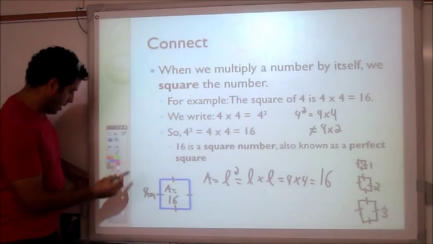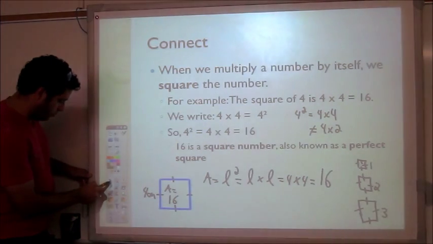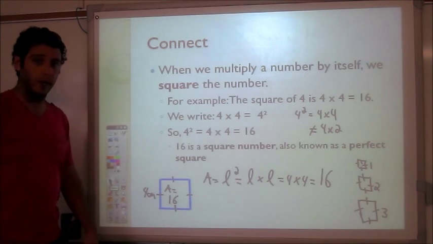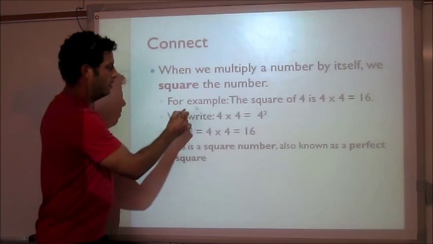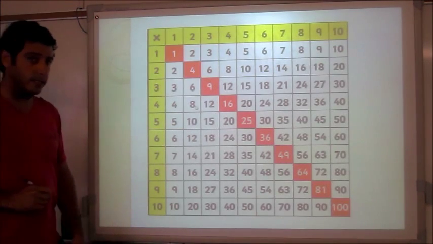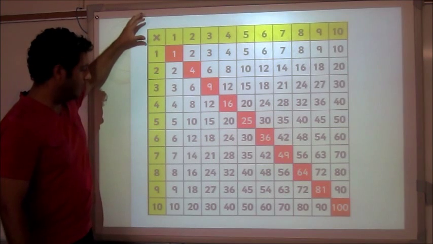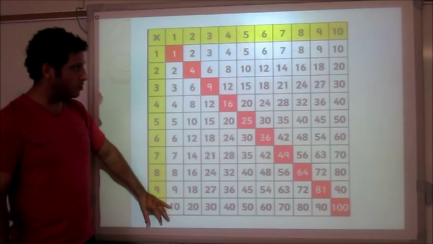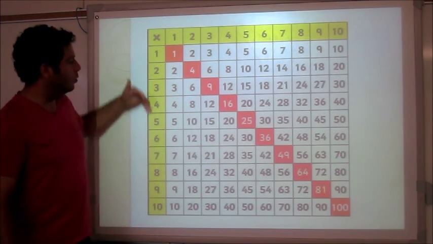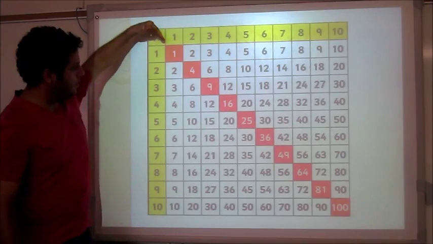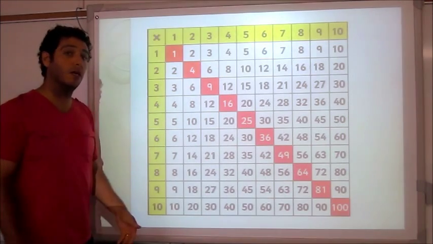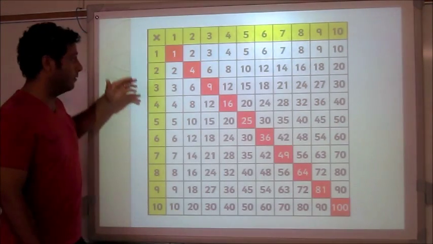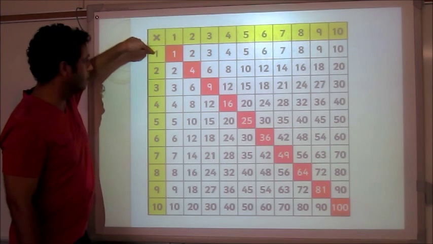Okay? Now, there's a pattern here you may have caught on to already. And that pattern looks like this. If you break down a multiplication table like this, you will notice that this diagonal here actually contains all of the square numbers. And if you look, you can see 1 times 1 is equal to 1.